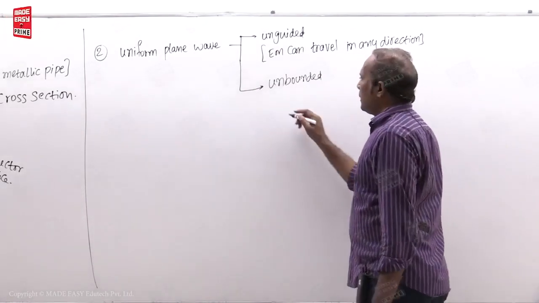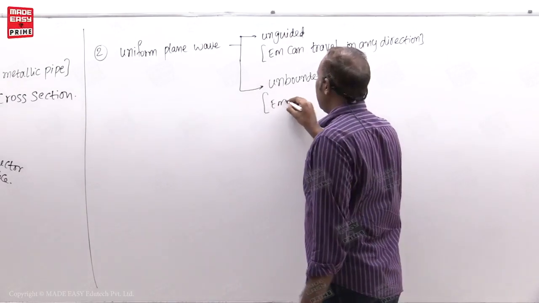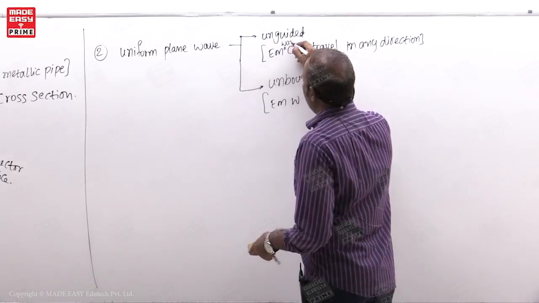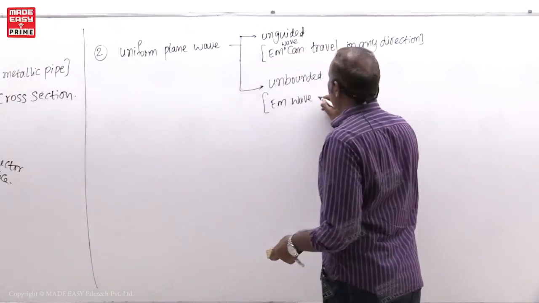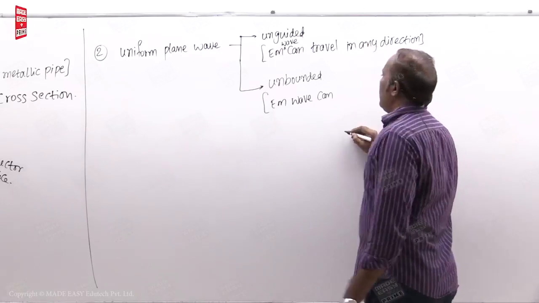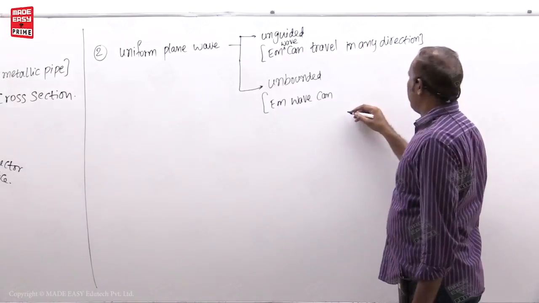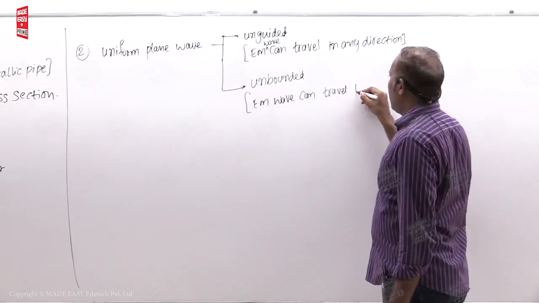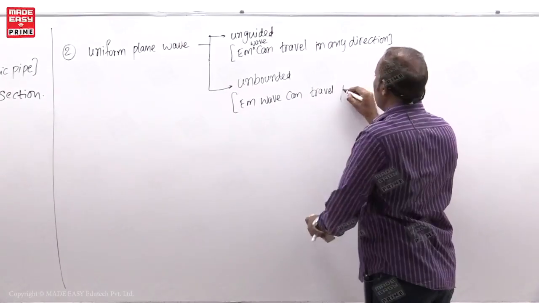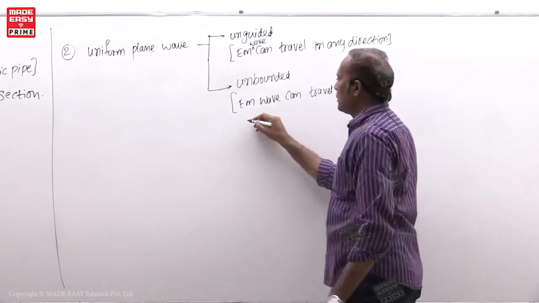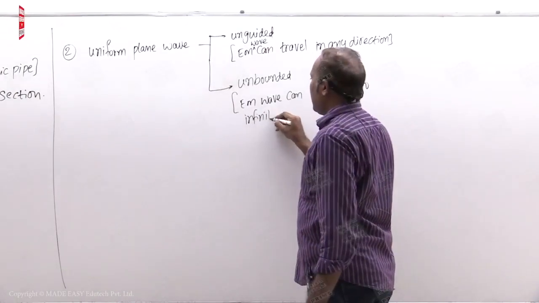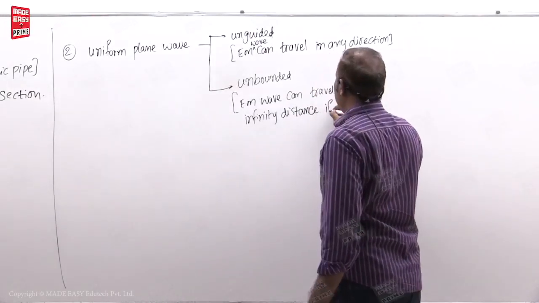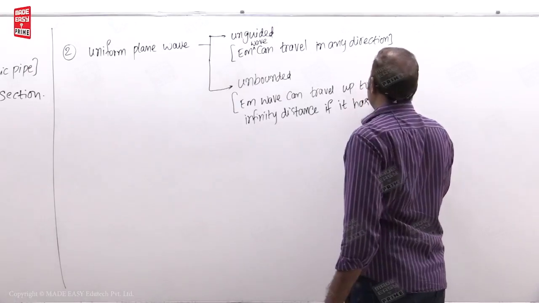It is unbounded. That means EM wave, students, here EM wave can travel up to infinity distance if it has energy.